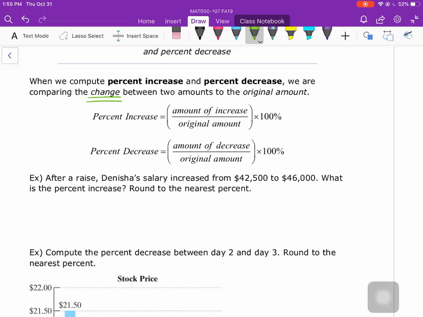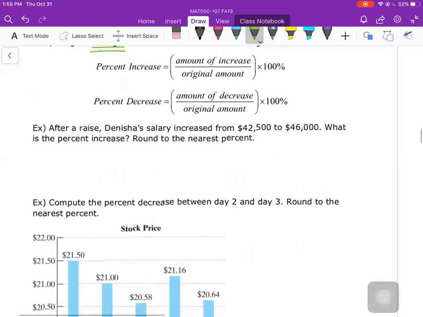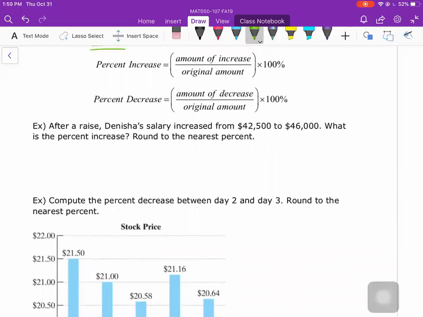So for percent increase, it's the amount of increase, how much it changed, divided by the original, multiplied by 100. Again, because we're finding a percent now, that's why we multiply by 100. The percent decrease is the amount of decrease. Either way, you're just finding the change. The difference is whether the change is going up or going down. That's how we'll identify it as percent increase or percent decrease.